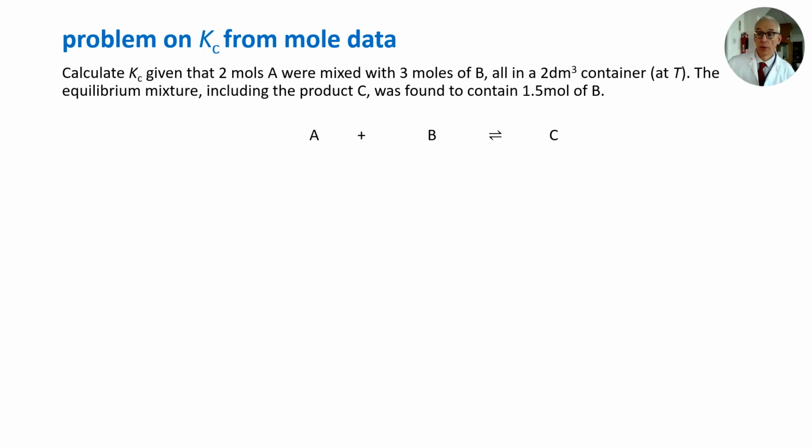So attempt this problem. Calculate Kc given that 2 moles of substance A were mixed with 3 moles of B, all in a 2 decimeter cube container at temperature T. The equilibrium mixture, including the product C, was found to contain 1.5 moles of B. So our equation, something like this: A plus B, reversible reaction sign C. So it's a 1:1:1 ratio in this case, according to that equation.